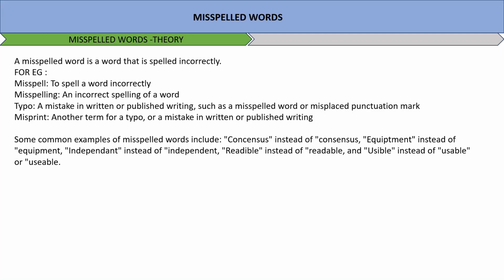Some common examples of misspelled words are conscientious instead of consensus, equipment, independent, readable, usable, right? So these are some very common words which we spell mistakenly. So let's not leave any stone unturned and answer such questions also.